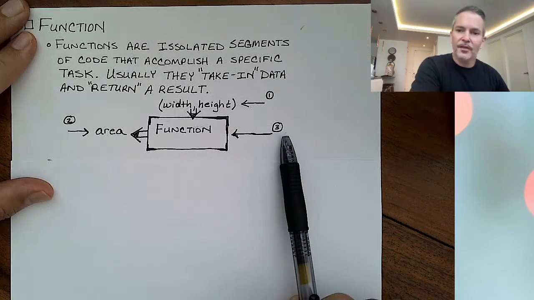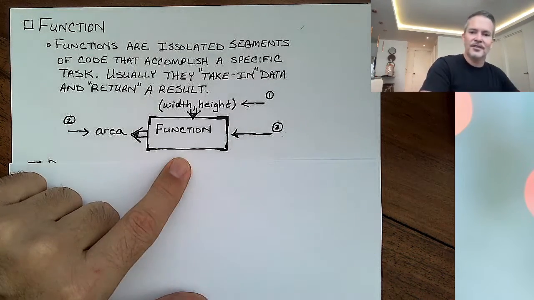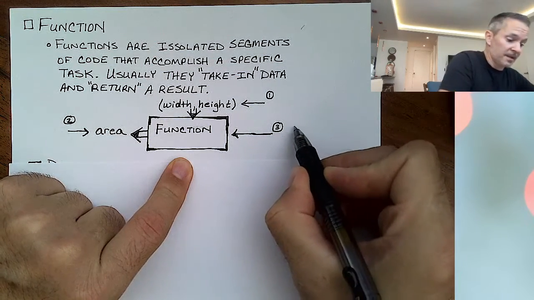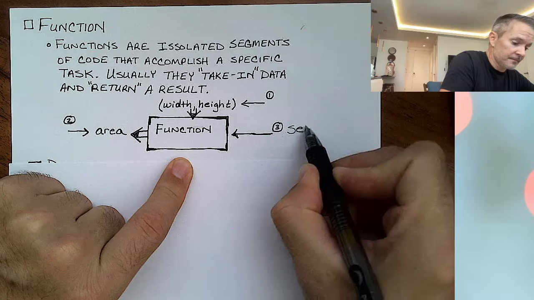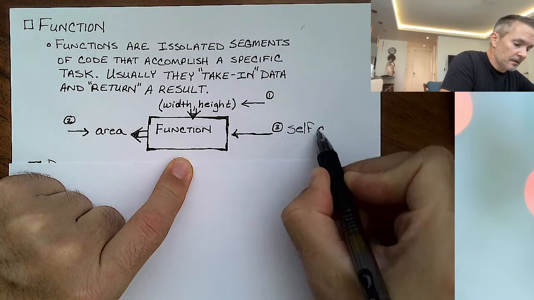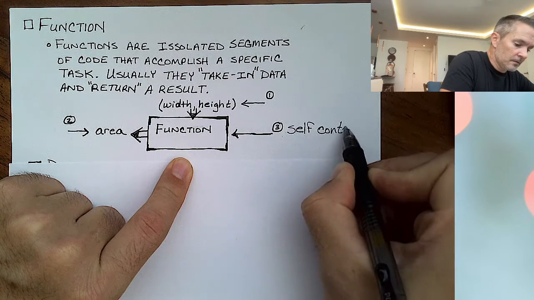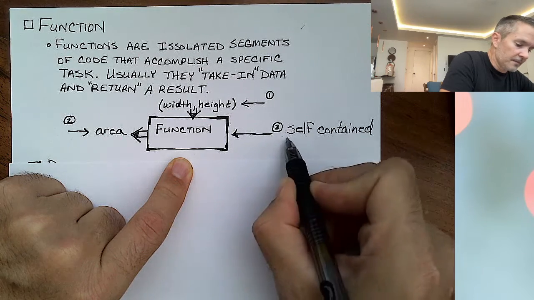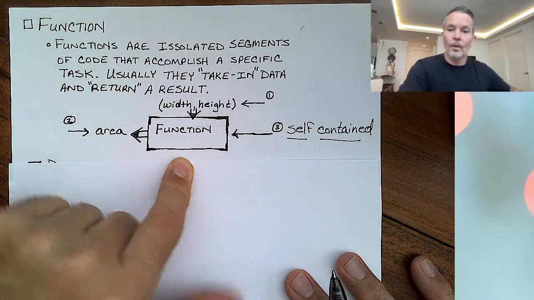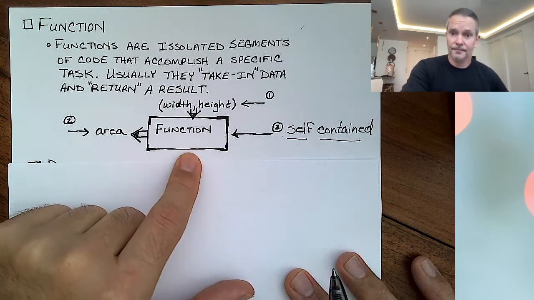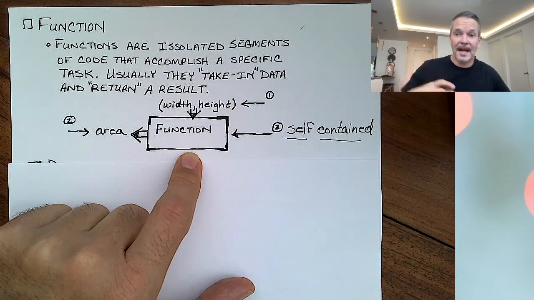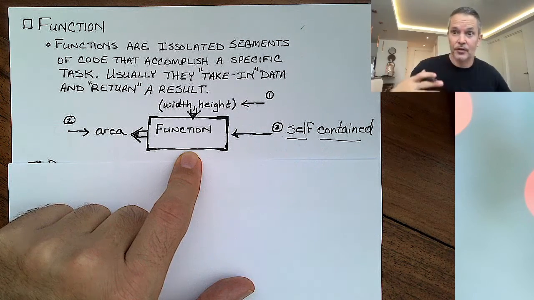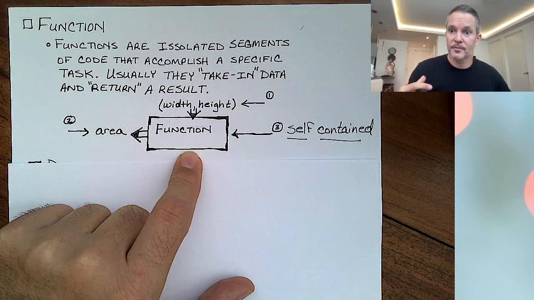And property three: functions are isolated, or another word for that might be self-contained. So what is inside of the function isn't something that the outside user has to know about. The function isn't going to interfere with the rest of the program.